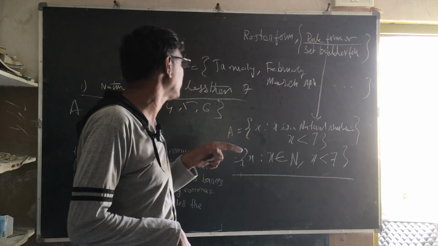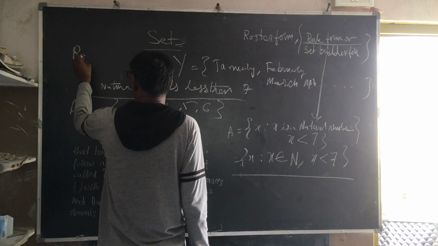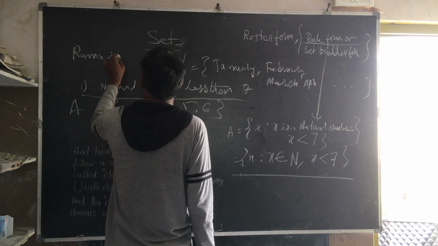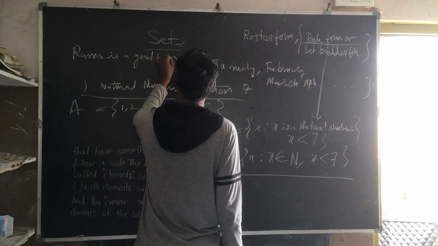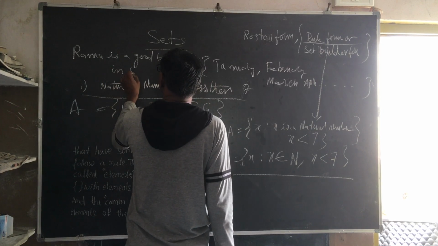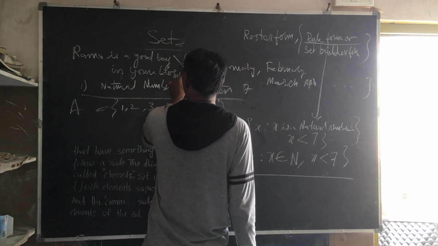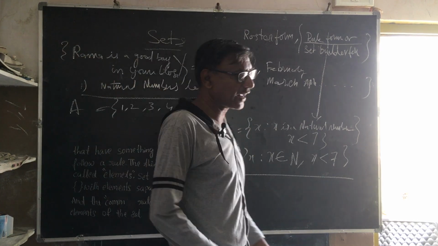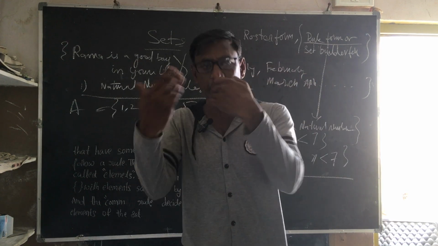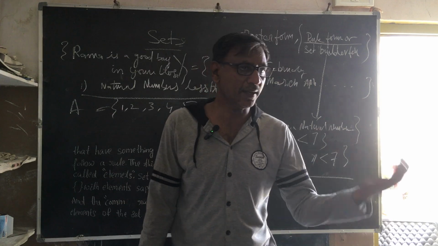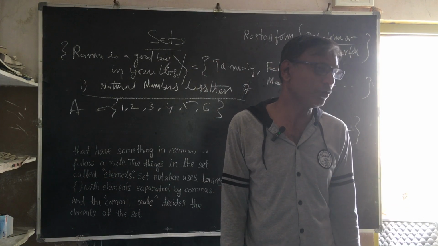Tomorrow we'll try to understand what is a set and what is not a set. Suppose I discuss it here only. See here, "Rama is a good boy" in your class. It is not a set. Tell me why. Maybe Rama is good for you, but maybe someone does not accept that Rama is a good boy.